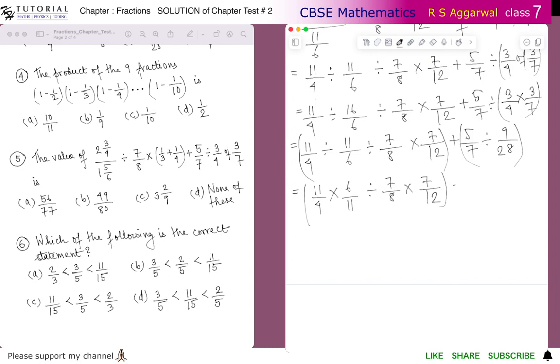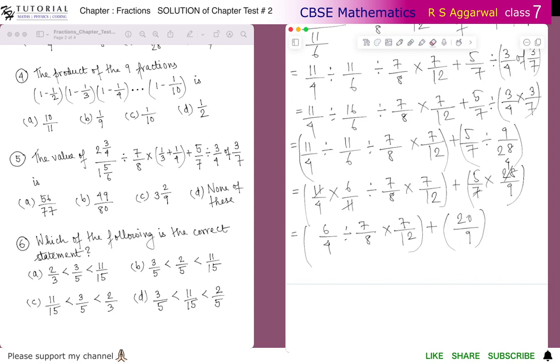We can now calculate this division in the second parenthesis, which becomes 5 by 7 multiplied by 28 by 9. Now from here 11 cancels out, it becomes 6 by 4 divided by 7 by 8 multiplied by 7 by 12, and you can cancel out 4, it becomes 20 by 9.